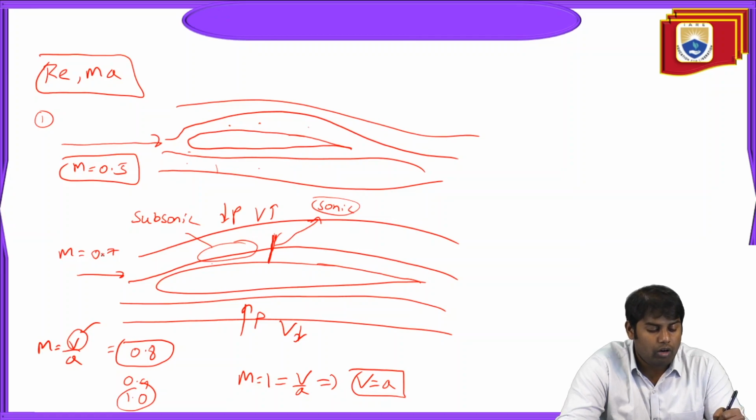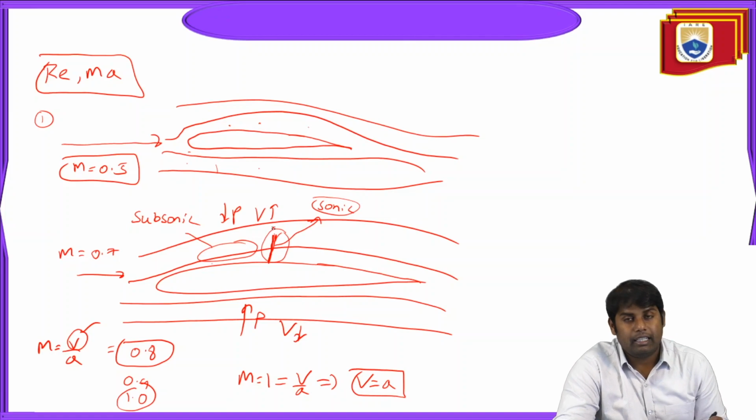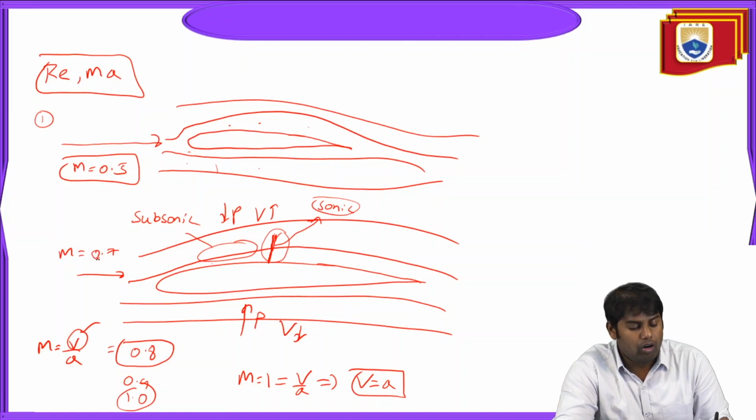Now, as we are increasing the Mach number, let's say it has gone to 0.6, 0.7, 0.75, something like that. The flow expands on the top surface and approaches a Mach number equal to 1. This approach is called the critical Mach number approach.